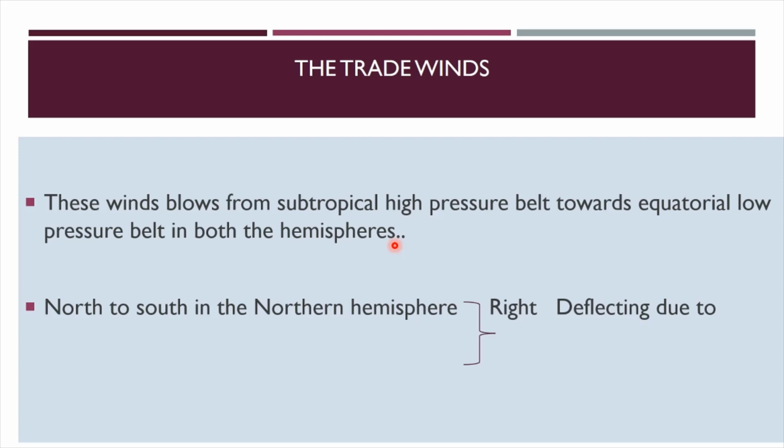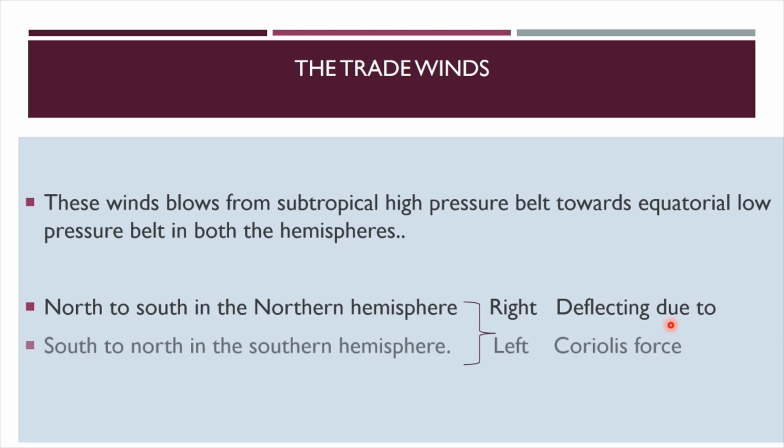Okay, how does it go? In the northern hemisphere, it goes north to south, but not in a direct straight line. It will be deflected due to the Coriolis effect. It is a right deflection.